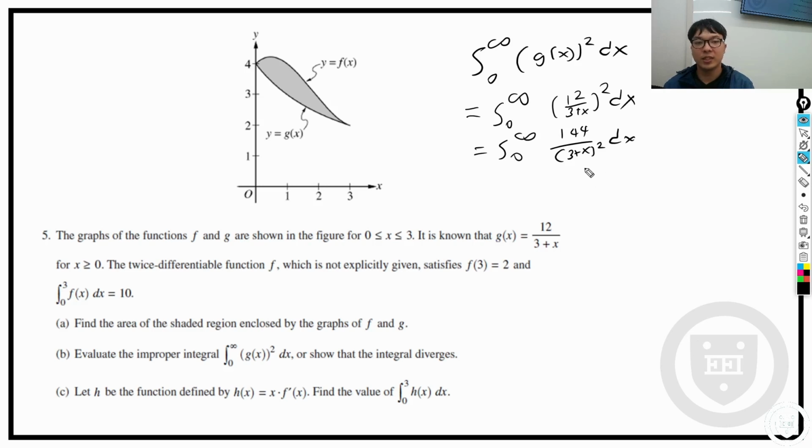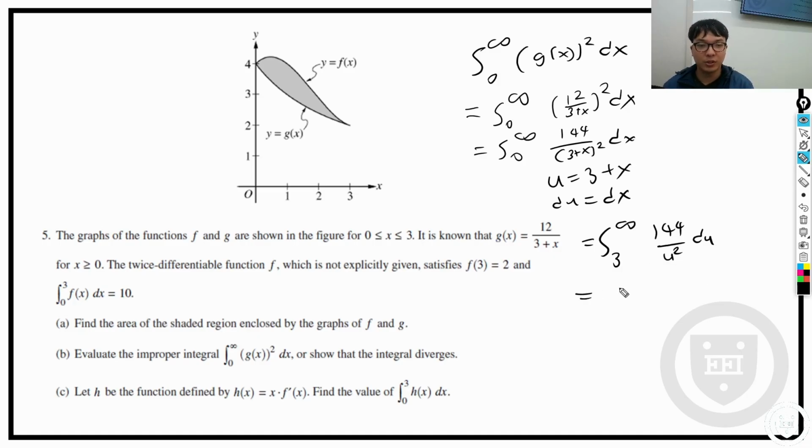We can do the same thing we did on part A. We can let u equals 3 plus x, with du equals dx. If we do this, then the region must change as well once again. 0 plus 3 is equal to 3, infinity plus 3, still infinity, of 144 over u squared du.